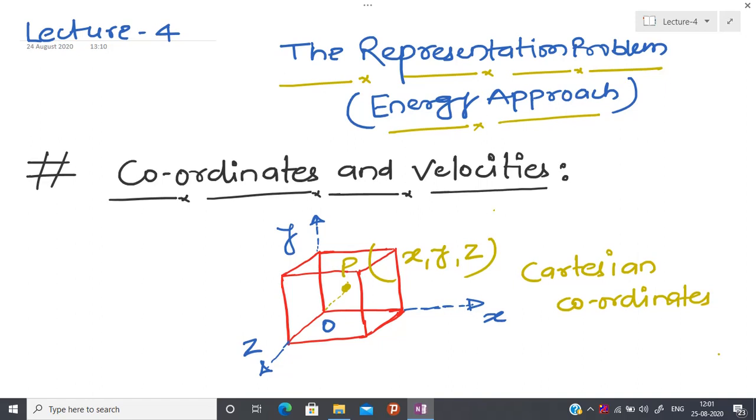So in this lecture again I am going to consider only dynamical systems, meaning those systems which are moving or somehow changing their states. I will define state in a later part of this course, with respect to time.